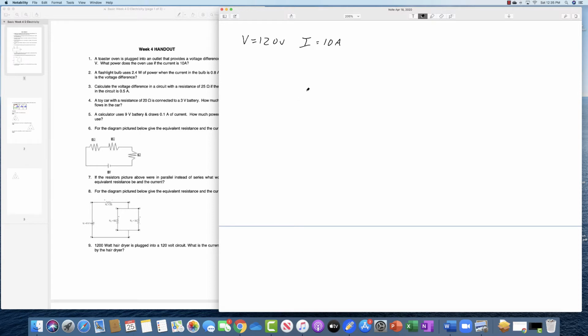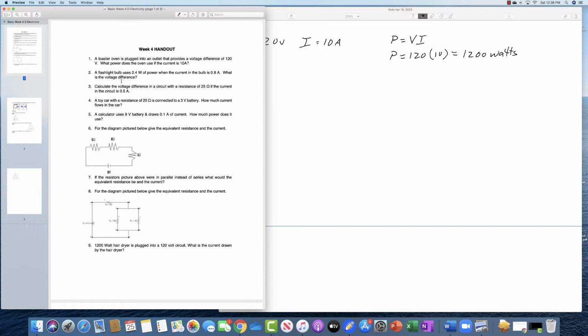And if you remember from your book, power is equal to the voltage times the current. So power is going to equal 120 in this case times 10, or 1200 watts, which sounds like a lot, but actually it's not. These ovens frequently will pull that kind of power.